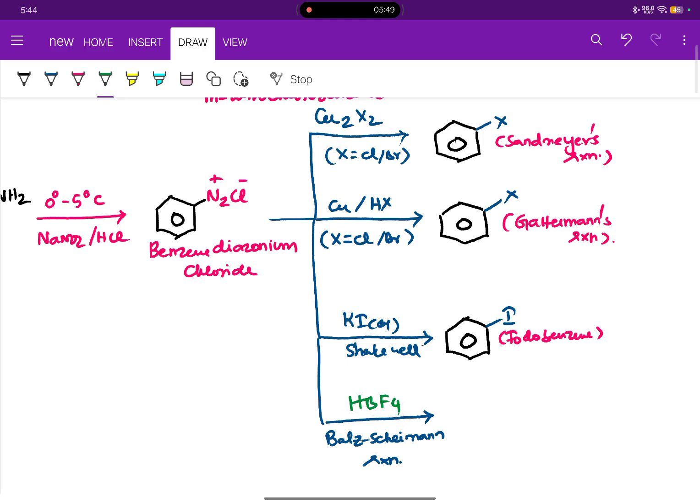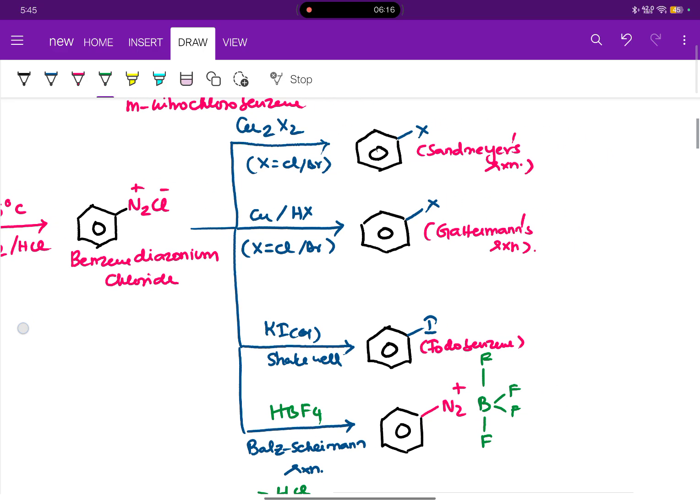So the chlorine of the benzene diazonium chloride will be removed, and I will get an intermediate like this. Okay, so this is an intermediate, and I can put minus HCl.